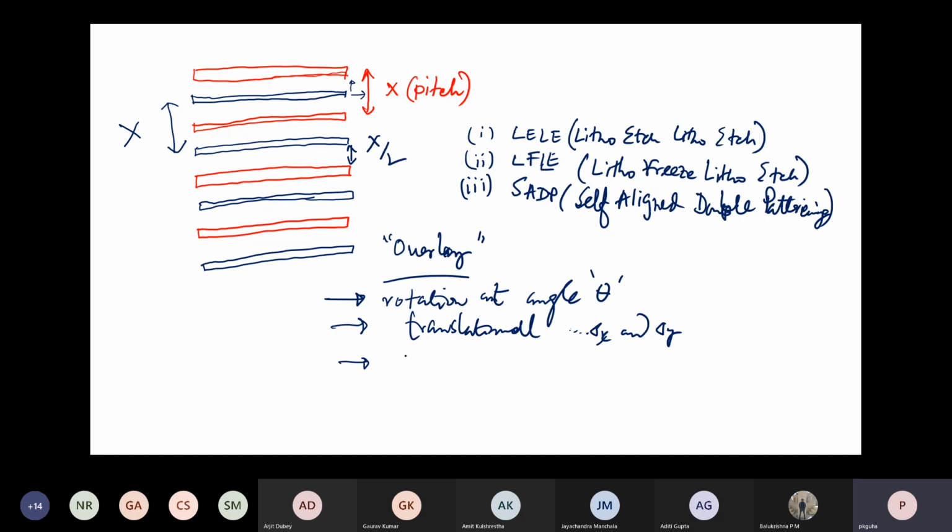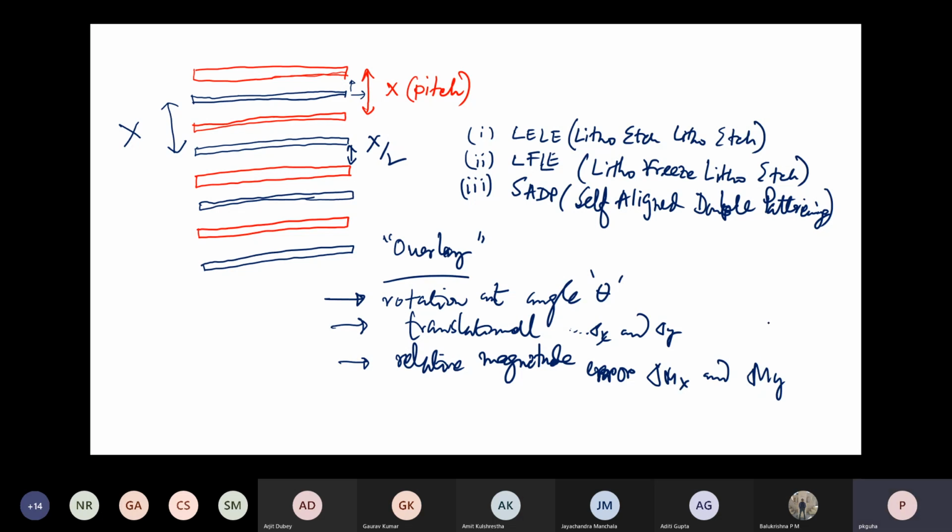There might be relative magnitude error, right? So instead of exactly the same size, the size of your overlay pattern might be a little bit different, say delta mx or delta my in the x and y direction respectively.